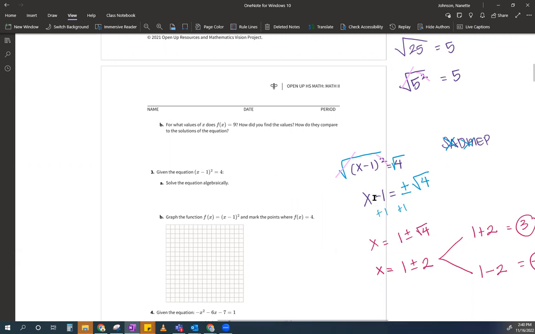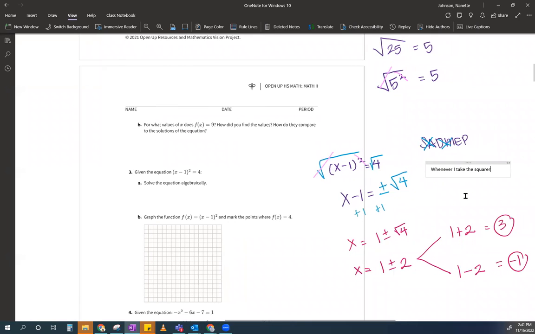Next part. Where did the plus or minus come from? Whenever I take the square root of both sides, I have to put plus or minus.